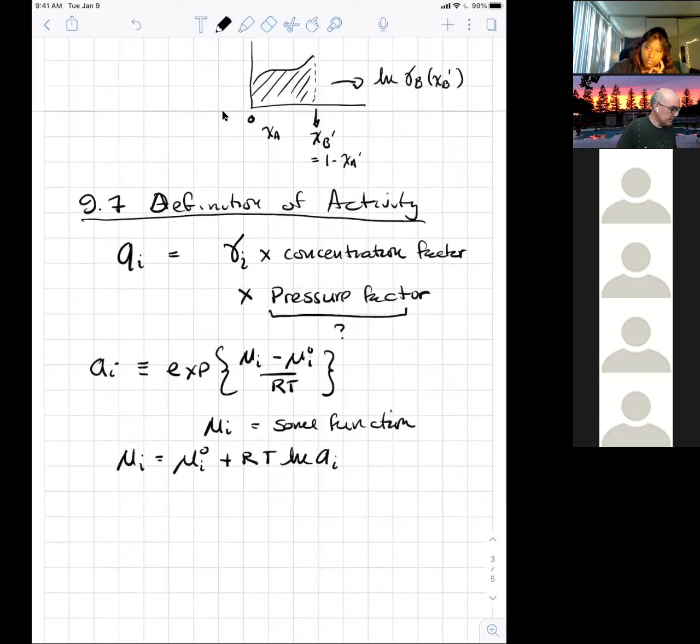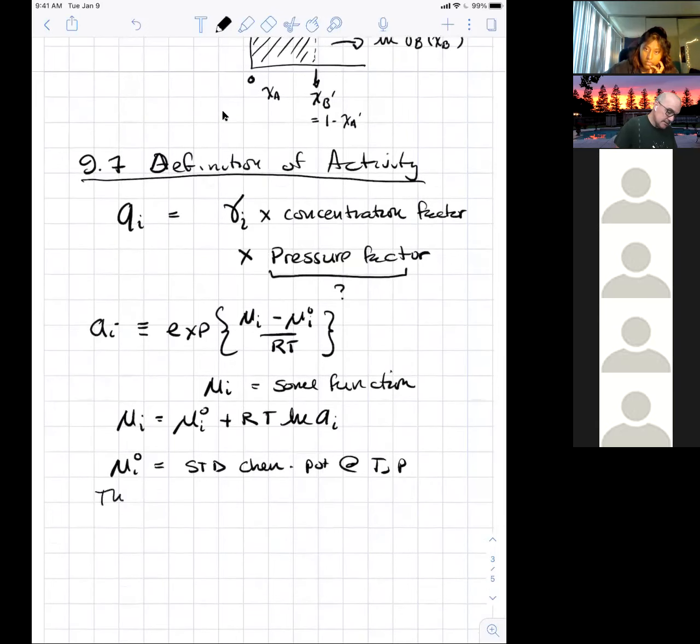All right. So let's look for a second. The last thing we want to look at is the pressure dependence. So let's look at how we can come about that. This standard chemical potential is defined as the standard chemical potential at some temperature and pressure.